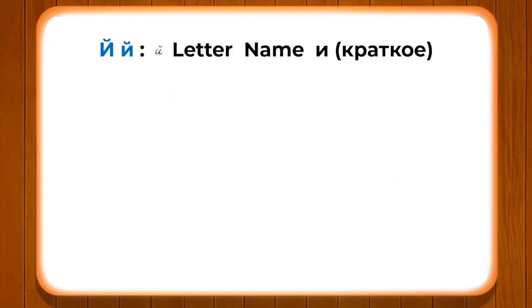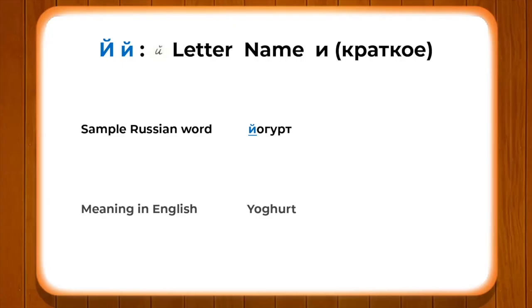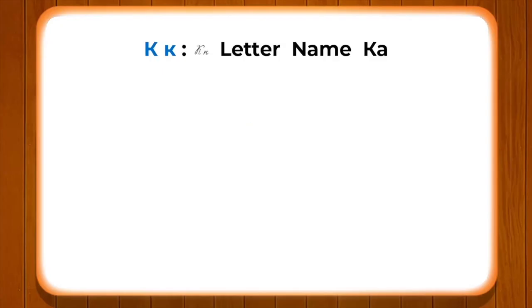But in the Russian sample word we have the exact sound, in the word yogurt. So i kratkoe can be pronounced as y in yogurt, which means yogurt.